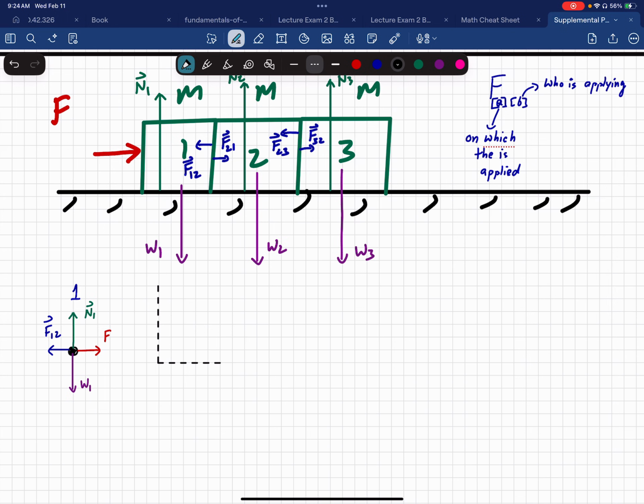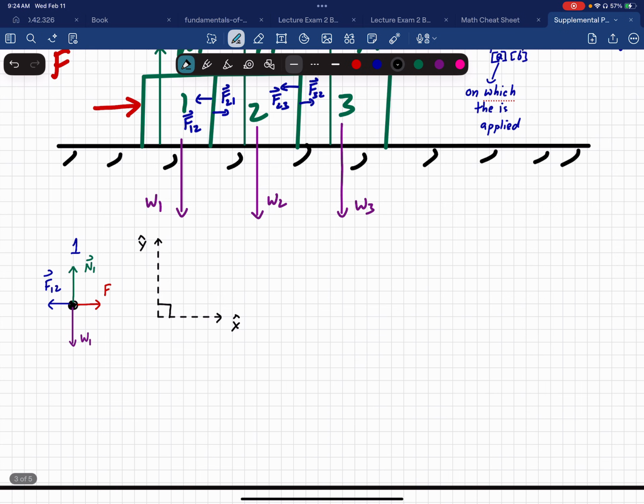If you have noticed yet, my coordinate system is always according to the surface. If the surface is flat, the coordinate system is also flat. If the surface itself is inclined, the coordinate system will also be inclined, and we will be discussing that after this. Okay, now since we understood the coordinate system, let's write down all the forces.